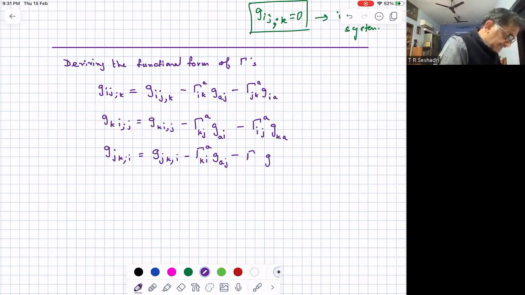Then I have a derivative i. So I put the derivative i. I retain the first index, I retain j. The second index, I put it here. I see. I'm a bit puzzled by this. Wait a minute. Oh, I'm stupid.